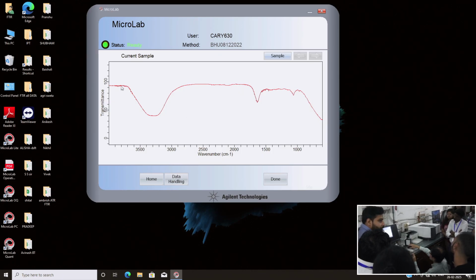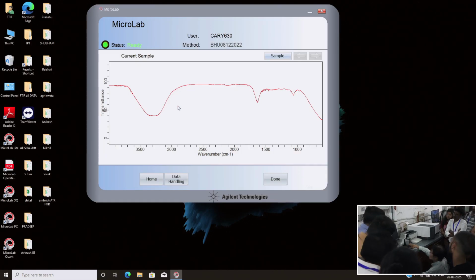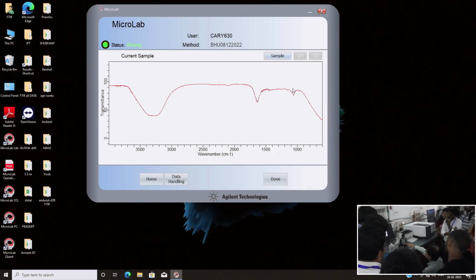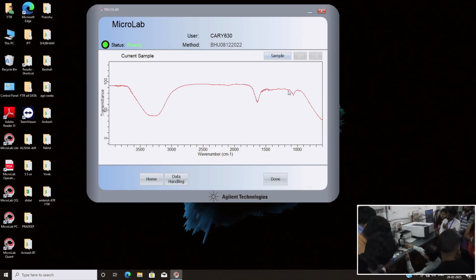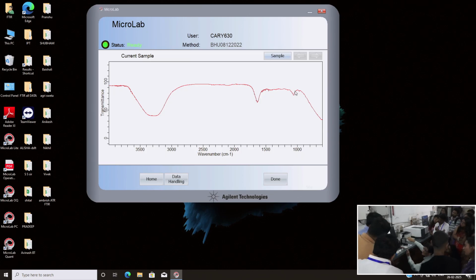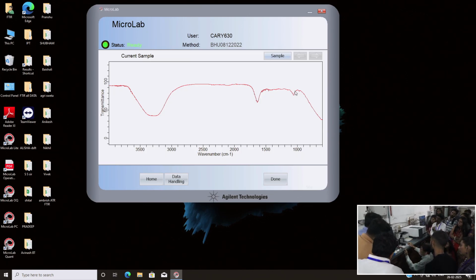You see this is the OH stretching mode of H2O. This is water. And this is HOH bending of water. And there is a peak nearly 1000. What is the prism? Germanium or silicon? Silicon.